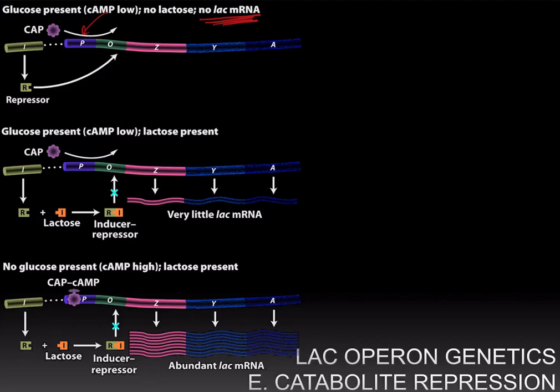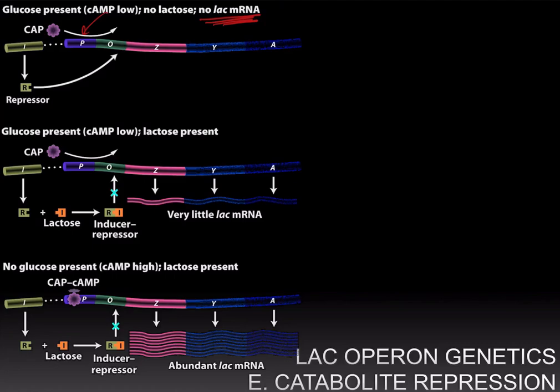On the other hand, the allosteric transition of the repressor with lactose will prevent the repressor from binding the operator, allowing polymerase to bind to the promoter and carry out elongation to make LAC mRNA. And it will not be a lot of LAC mRNA since the polymerase is not being actively recruited to the promoter.